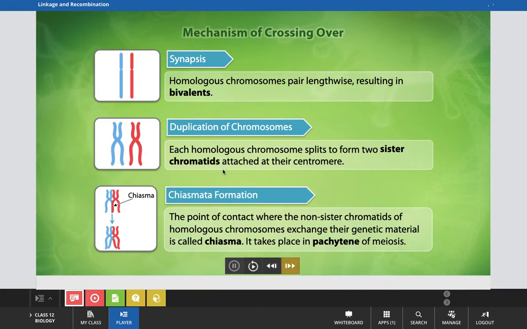In this chart you can see they are attached at the centromere, and chiasmata formation takes place between the chromatids of the two homologous chromosomes. The chiasma is the point of contact where the non-sister chromatids of homologous chromosomes exchange their genetic material, and it takes place in the pachytene stage of meiosis I cell division.